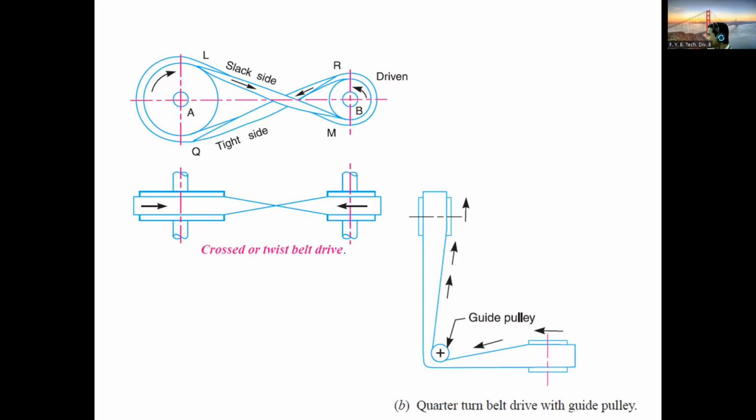Unaffordable. So that is why, though power transmission capacity is more in case of cross belt, we are not using it. The reason is this is economically unaffordable. But if you want to have more power transmission, we can select the cross belt drive arrangement.